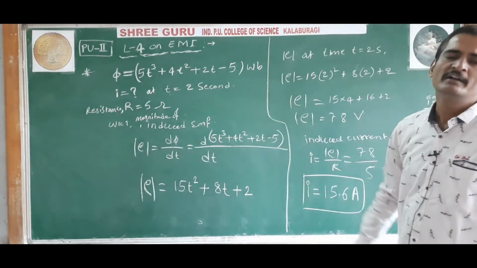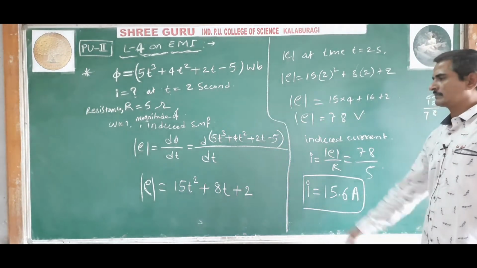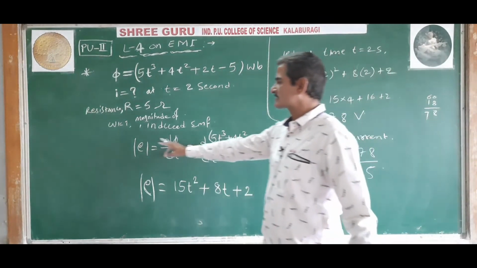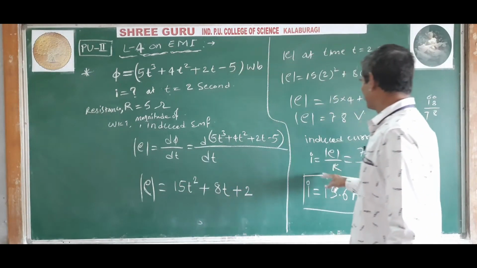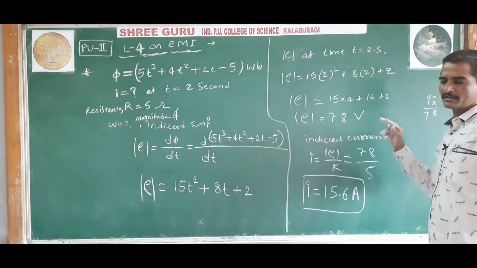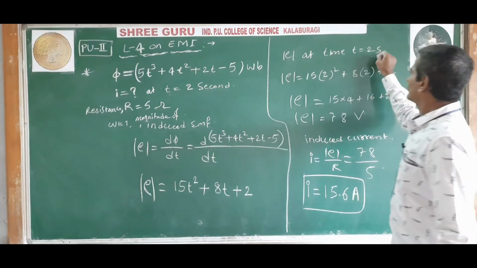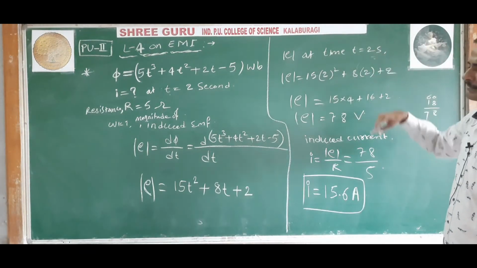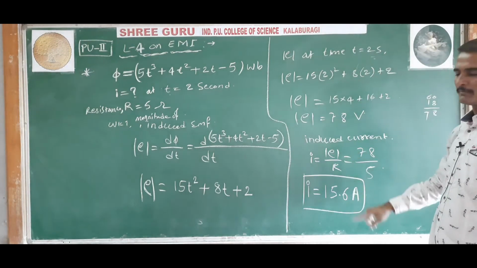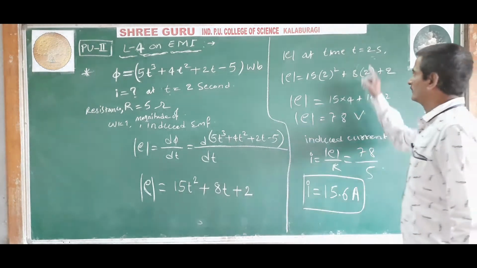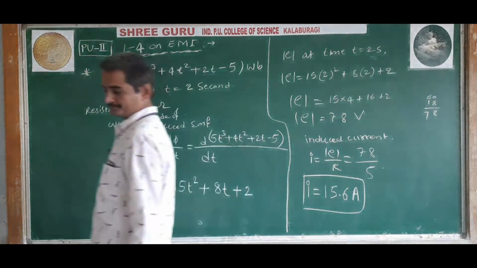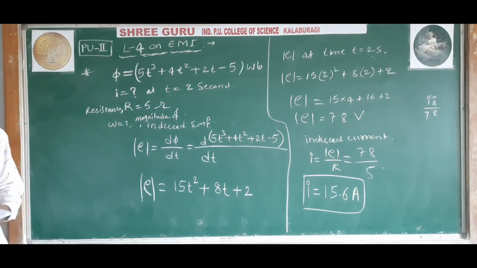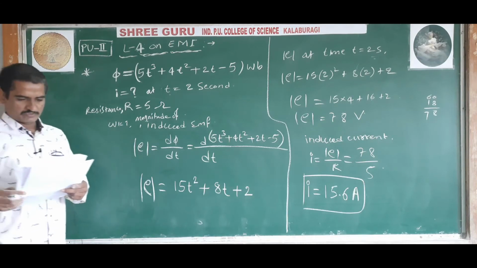They have asked for time varying magnetic flux. So this is the instantaneous induced EMF and induced current at that instant, at 2 seconds. If you take some other time instead of 2 seconds, then the induced EMF will be different and the current will also be different. Understood the question? Okay.